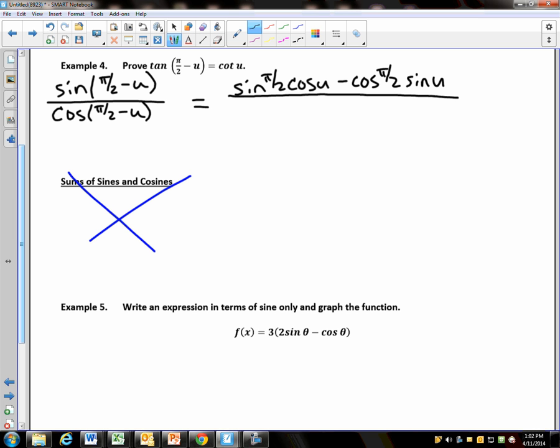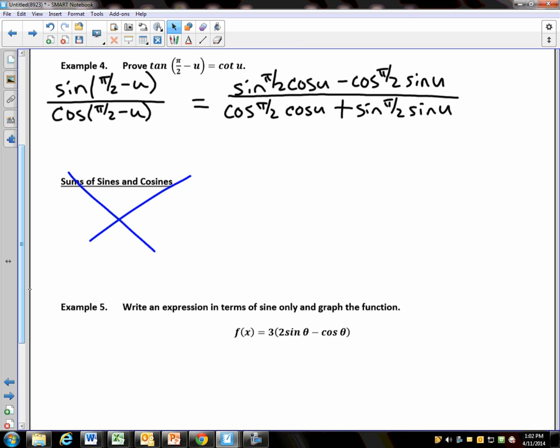Divided by, for the cosine sum and difference formulas, it puts the cosines together, right? So it's cosine of pi over 2 times the cosine of u, and then it's plus the sine of pi over 2 sine of u. So all I did was take our sum and difference formulas from yesterday and write it out.